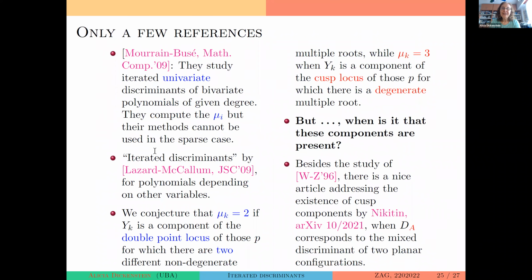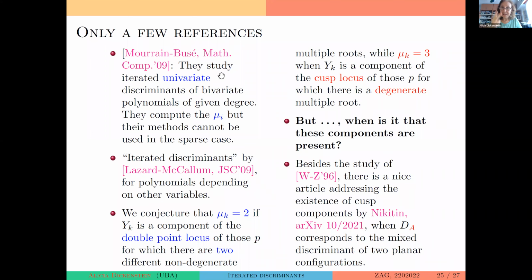Okay, and in fact, there's not much work done in this direction. These are the references that we found. There is a very nice article by Bernard Mourrain and Laurent Busé in Mathematics of Computation 2009. What they do is study the dehomogenization of homogeneous polynomials in 3 variables.